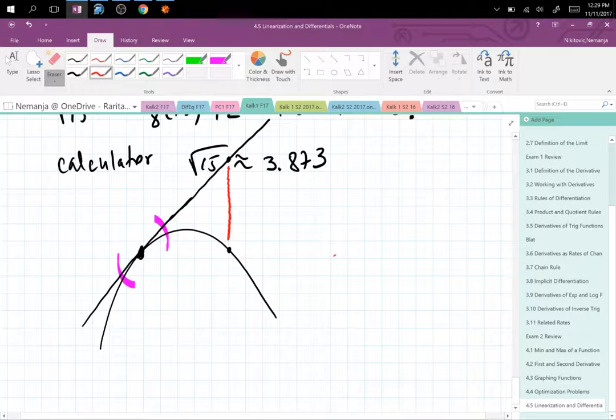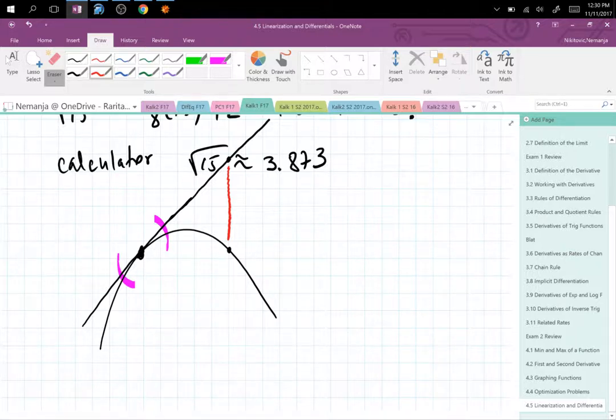So instead of getting, let's say, 3.7, you have 8.7. That's terrible. So you cannot recycle equations. Every single square root that you have to find, you have to redo the tangent line for it.